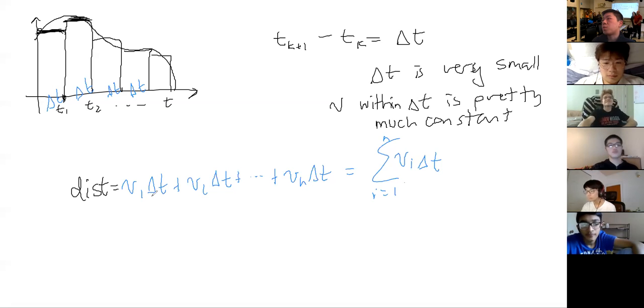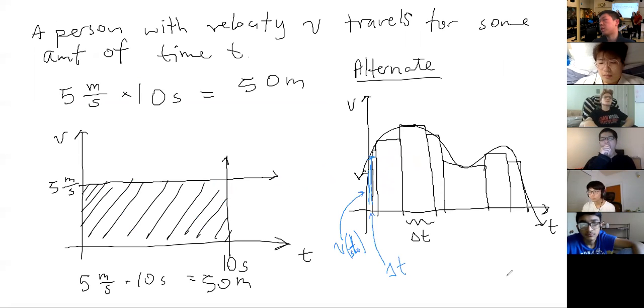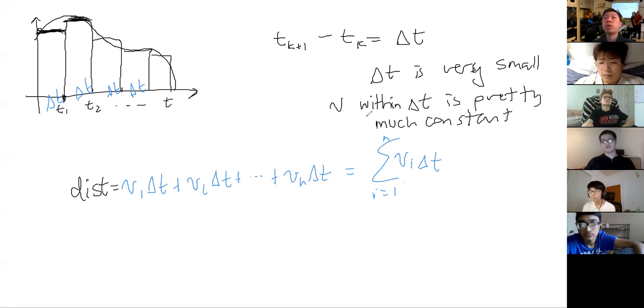All right, so to get the distance, we're taking a bunch of these simple rectangles that we had for calculating constant velocity by approximating velocity to be constant within a small period of time. And then we finally get the sum from 1 to n of v sub i delta t.